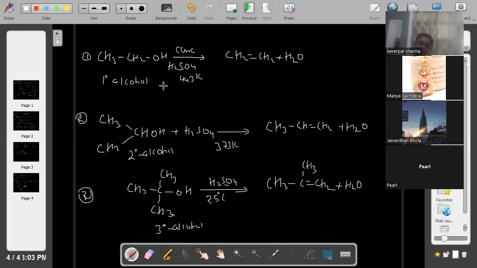In all three cases, primary alcohol, 2 degree alcohol, 3 degree alcohol.